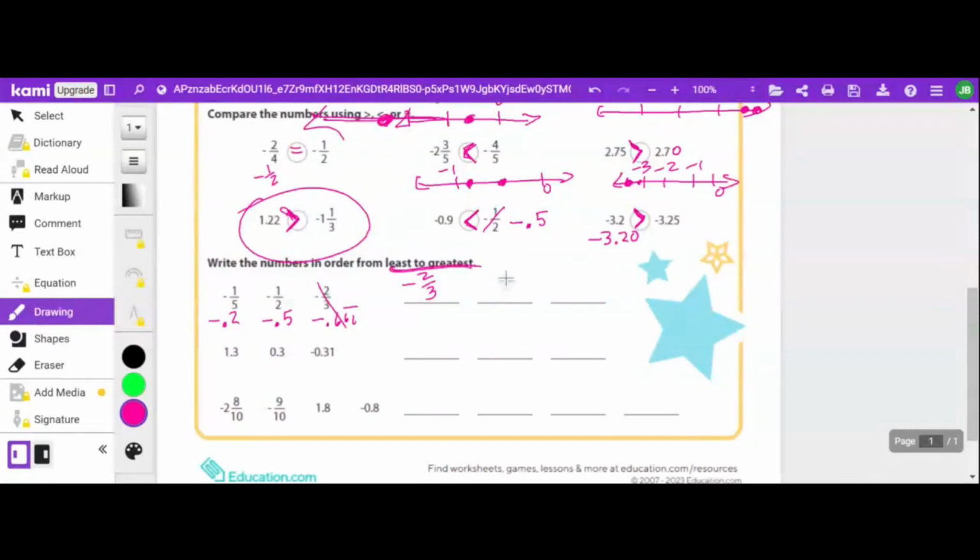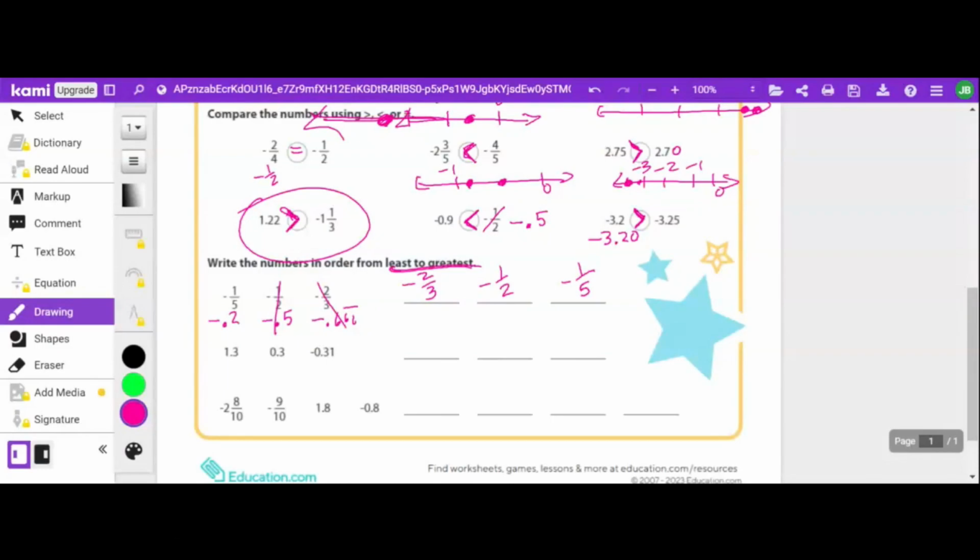And so negative 1/2 would be next. And so of these, the largest number is the negative 0.2, which is negative 1/5. It's closer to 0. It's less negative than negative 0.5 and negative 0.6.